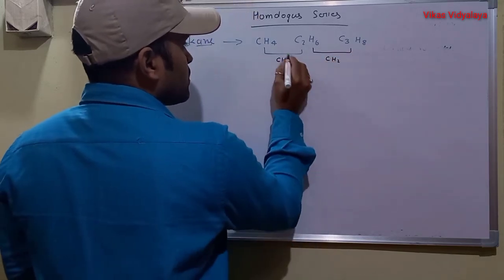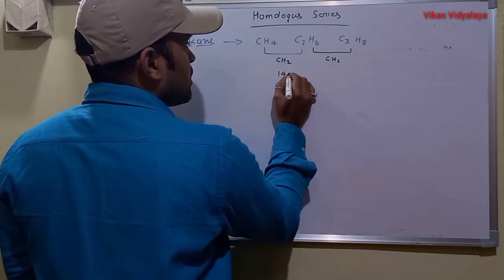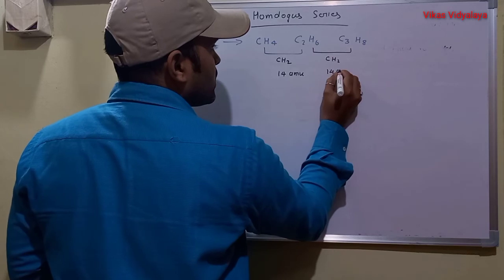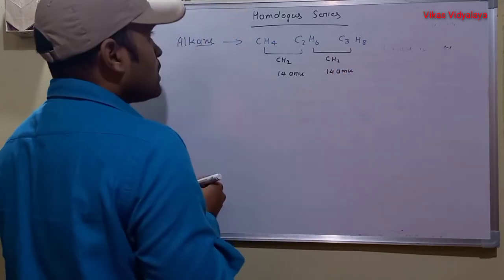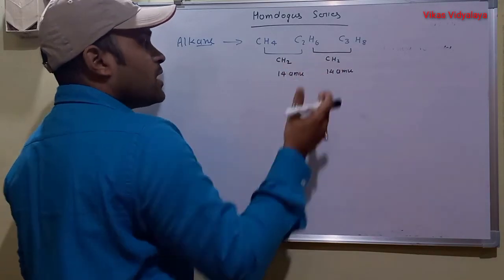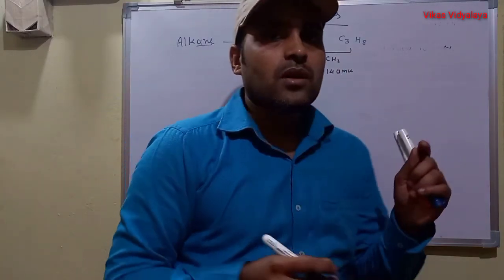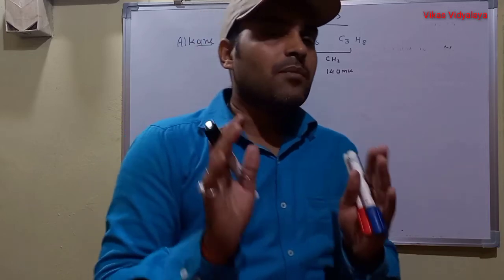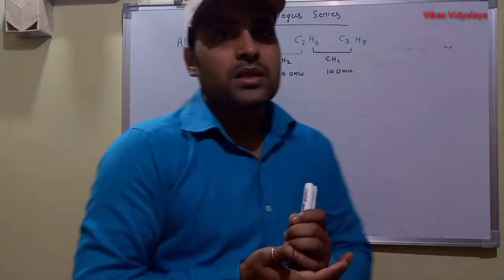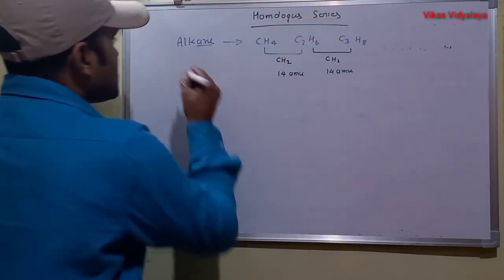If we take the molecular mass, the difference will be 14 AMU. All the homologous members have a difference of CH2 and a difference of 14 AMU. Remember it, I am talking about consecutive members. This is all about homologous series, and the examples are alkane, alkene, and alkyne.